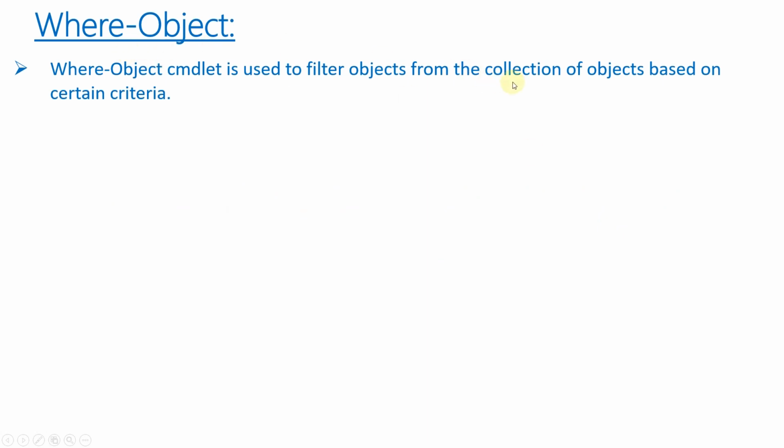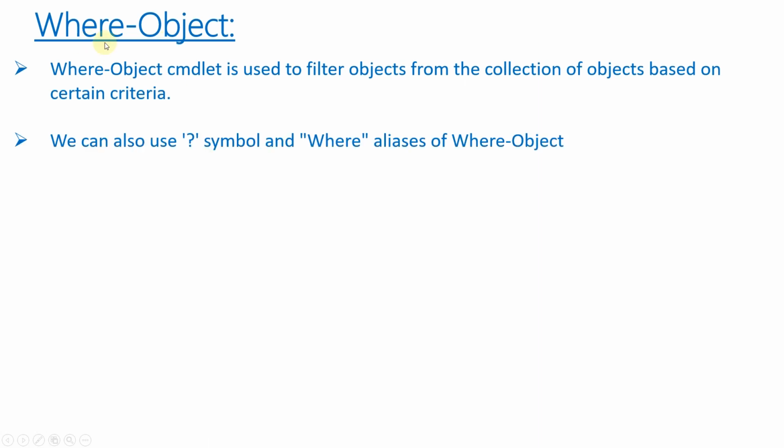If we have some collection of objects and out of that we want to filter some objects based on some certain criteria, then we can use this commandlet, Where-Object. Where-Object has two aliases, first is question mark and the second is where.